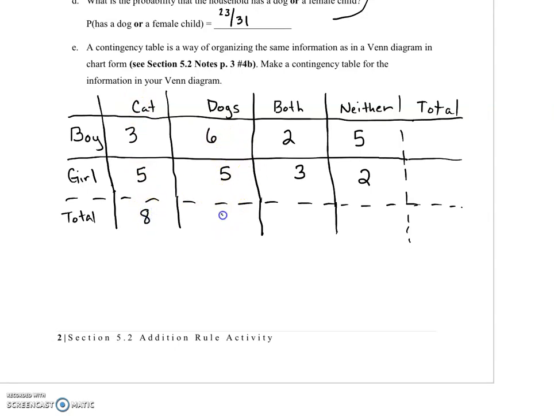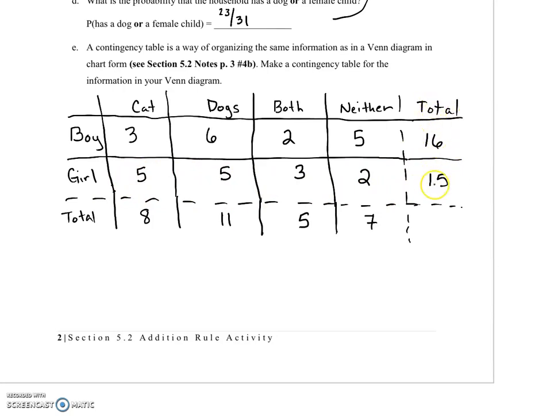The total number of dogs only is 11. Total number of both is 5. And the total number of neither is 7. We can also do the same thing for the rows. So the total number of boys is 16. And the total number of girls is 15.